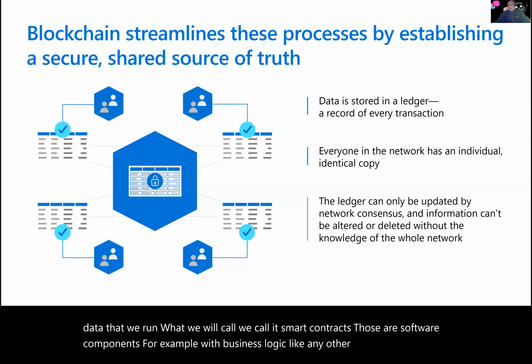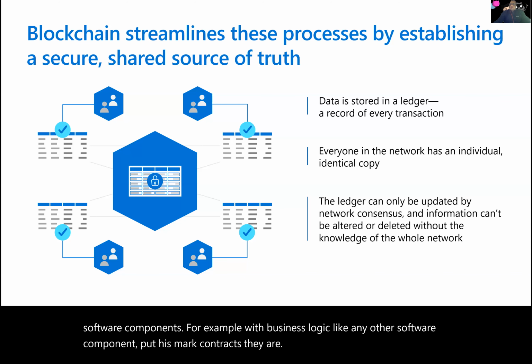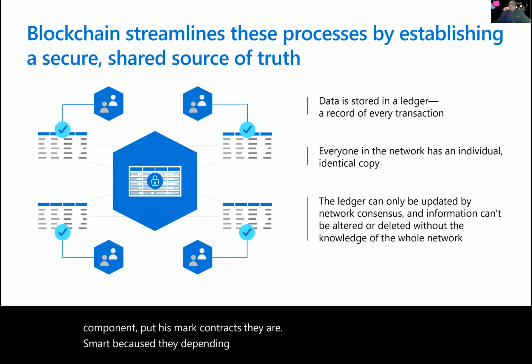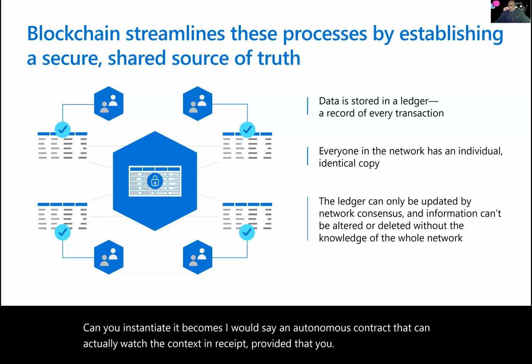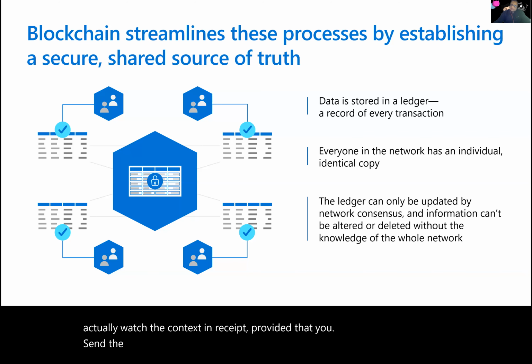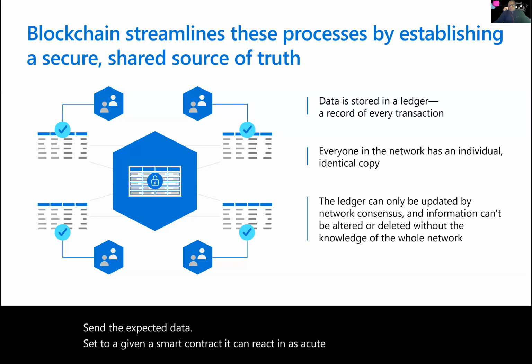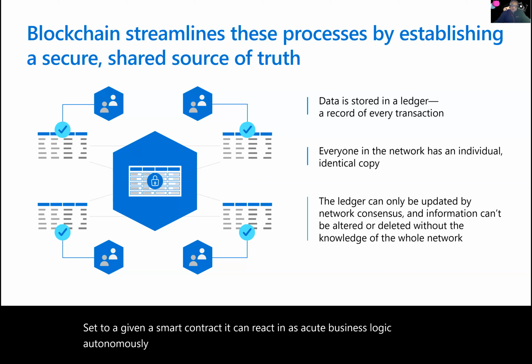But smart contracts are smart because, depending on the way that you deploy and instantiate a smart contract, it becomes an autonomous contract that can watch the context. Provided that you send the expected data set to a given smart contract, it can react and execute business logic autonomously, perform a blockchain transaction and modify this ledger.